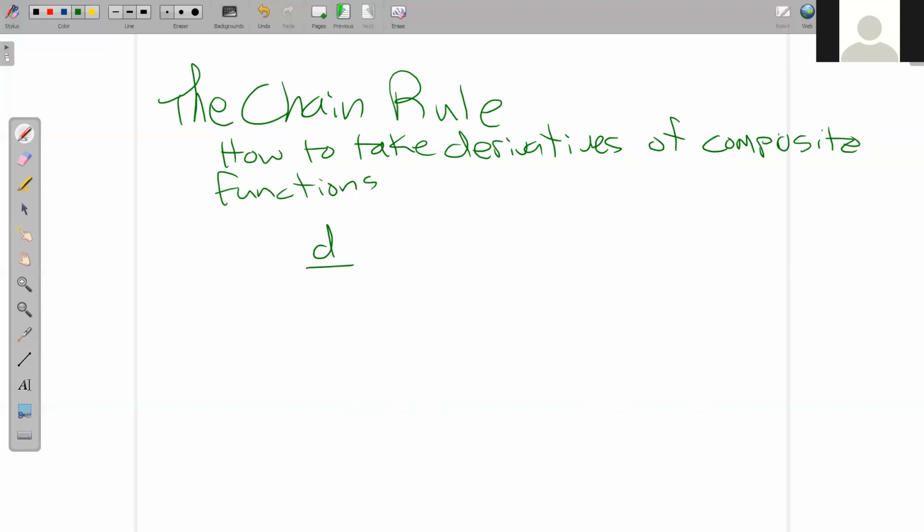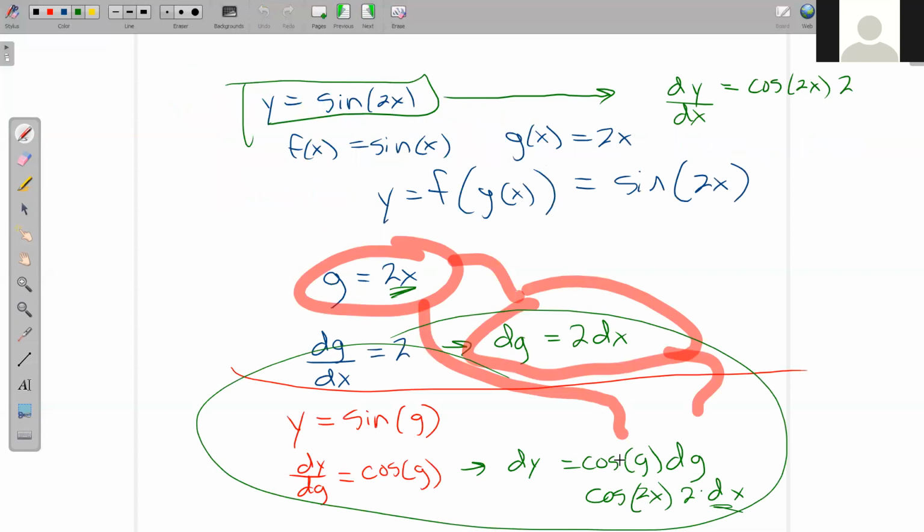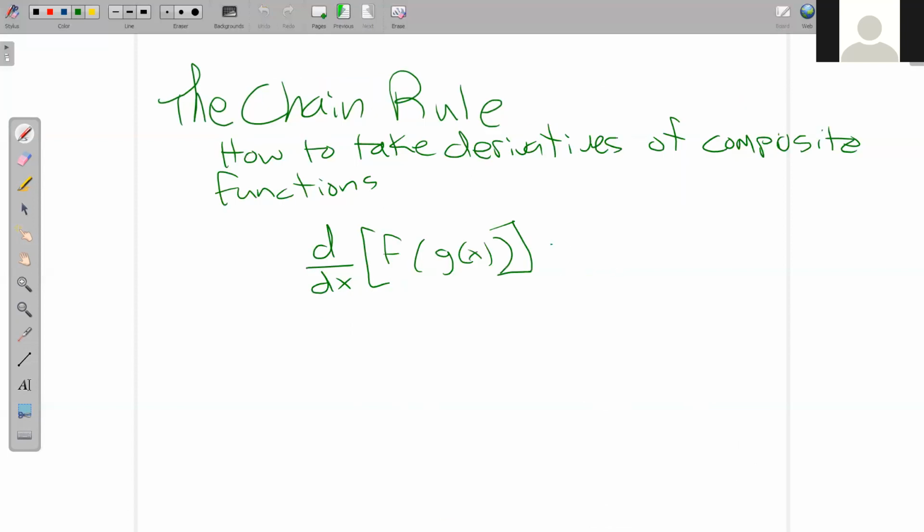If you have the derivative, and I'll do more work to prove this next class, of a function within a function, what ended up happening back here is we had an outer function and an inner function, right? The outer was the sine of x, the inner was the 2x. So the rule is take the derivative of the outer function as it was, don't mess with the inside.